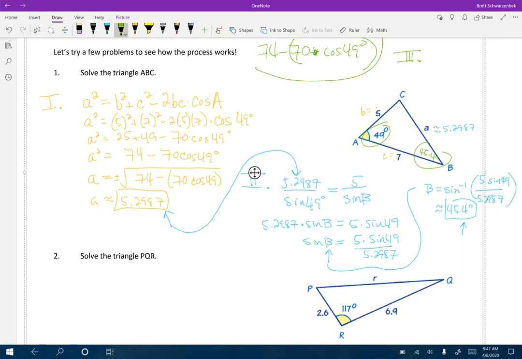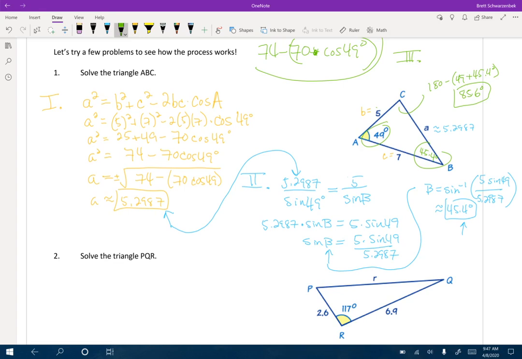How do we do that? We do 180 minus the sum of 49 and 45.4 degrees, and we are going to get 85.6 degrees as the remaining angle C. So if you look at all of the setup, we were given 3 pieces of the oblique triangle, and we had angles that were remaining.